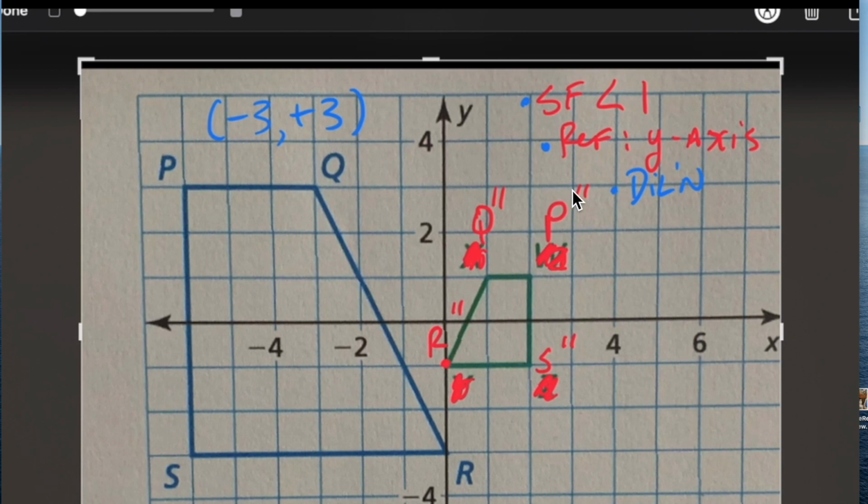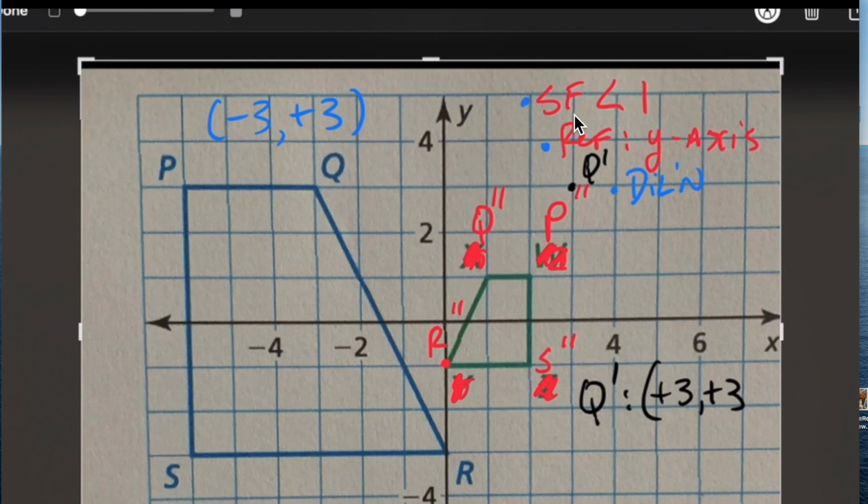So we know, folks, that Q single prime is going to be positive 3, positive 3. Okay, so that would put us over here for Q prime. So clearly, Q prime is not matching with Q double prime.